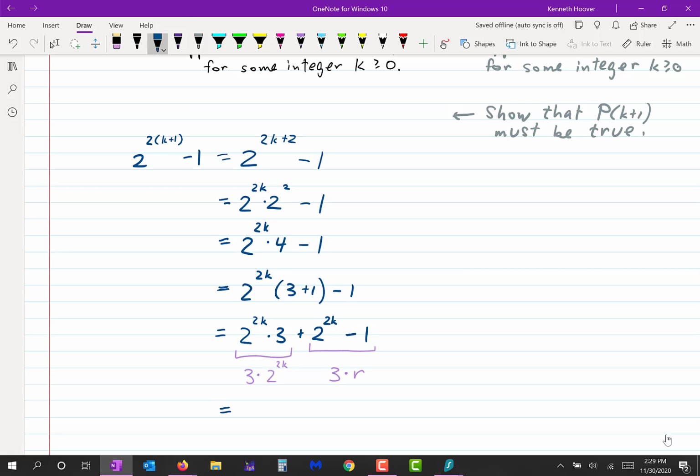And so then we're going to end up with 3 times 2 to the 2k plus R. So that is 3 times an integer, so it's divisible by 3. Okay, that's how that's going to work. I'm going to erase this now and we're going to write it neatly. If you need to come back and see the scratchwork, then you can rewind the video.